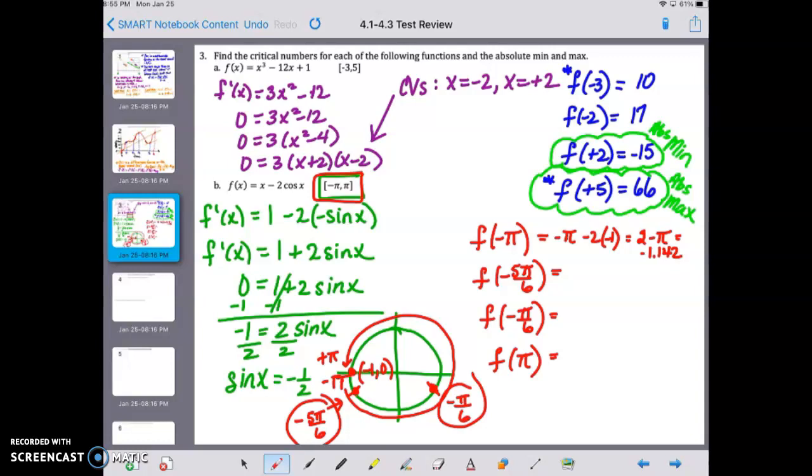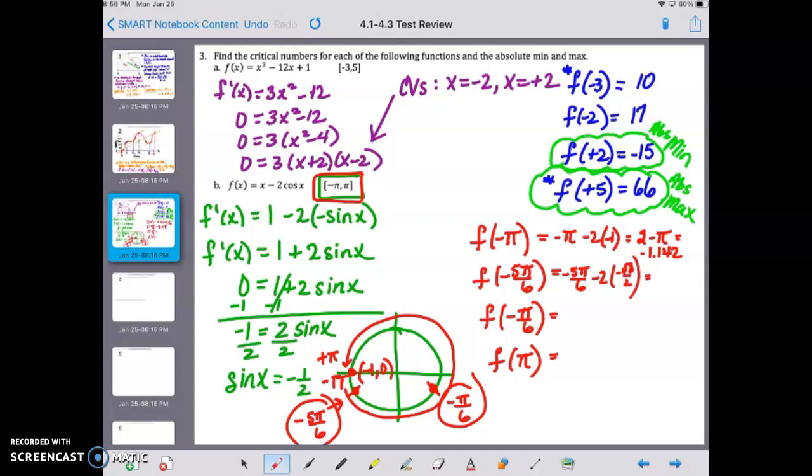Okay, so f of negative 5 pi over 6. Well, I'm going to have negative 5 pi over 6, that's the x, minus 2 times the cosine at 5 pi over 6. Again, doesn't matter if it's negative 5 pi over 6 or if it's 7 pi over 6, it's the same terminal point. So that point is in the third quadrant. The ordered pair is going to be negative, negative, and the cosine is going to be negative square root of 3 over 2.